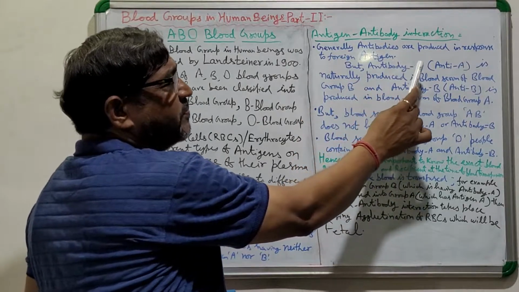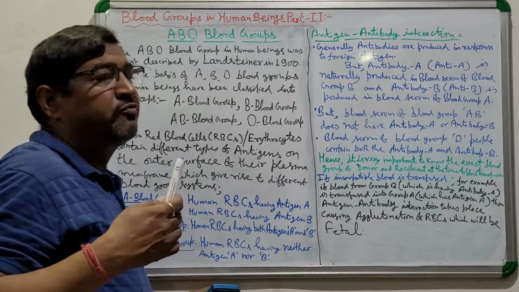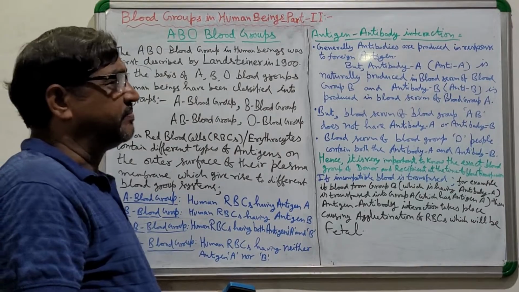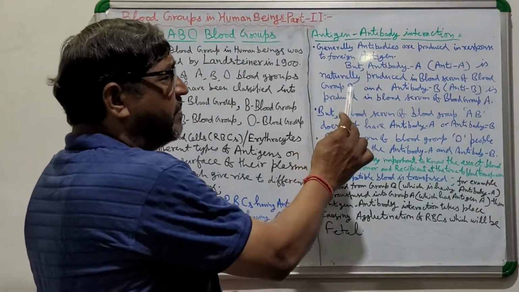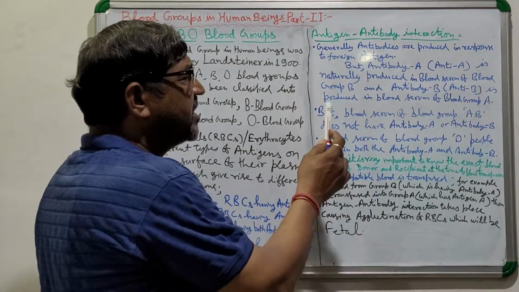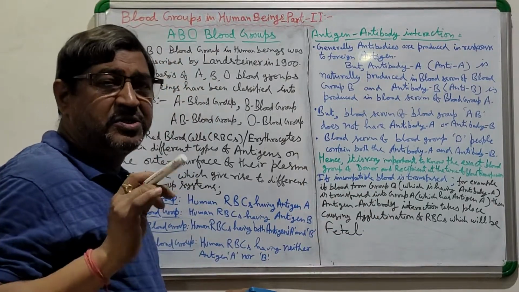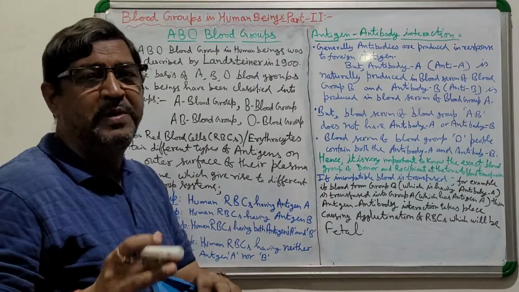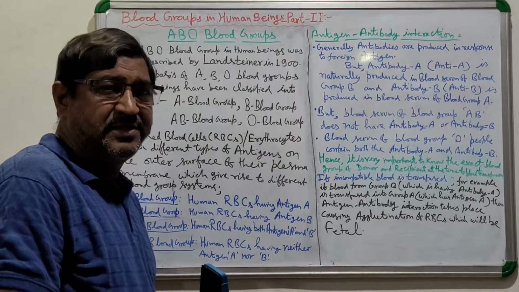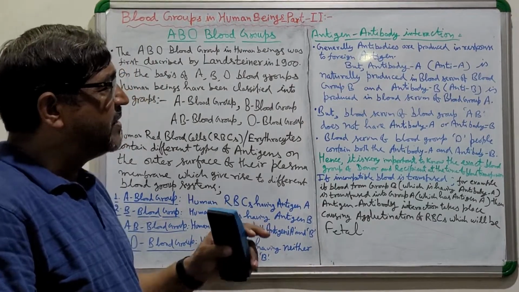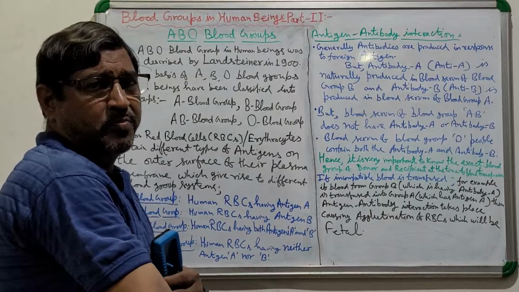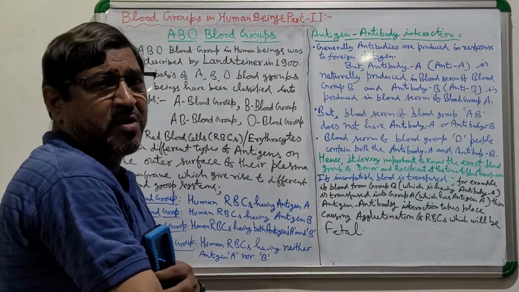Generally antibodies are produced in response to foreign antigen. It is the biological system. But antibody A, which you call anti-A, is naturally produced in the blood serum of blood group B. When you analyze the serum of blood group B people, you will have antibody A, anti-A.